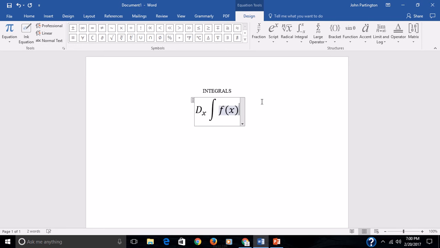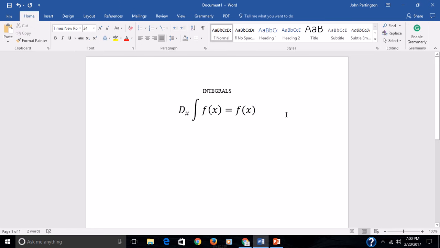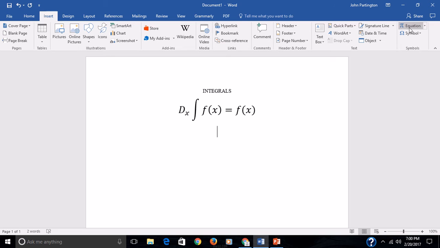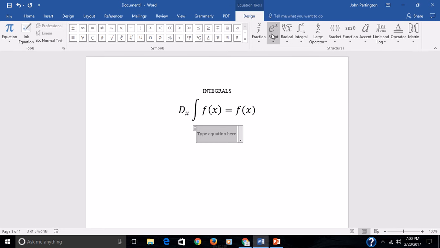d/dx of the integral of f of x equals f of x. Now what does this mean? This means that our derivative and our integral are opposites. So if I want to take the derivative of some function f of x, this is going to be equal to f prime of x, as we talked about before.